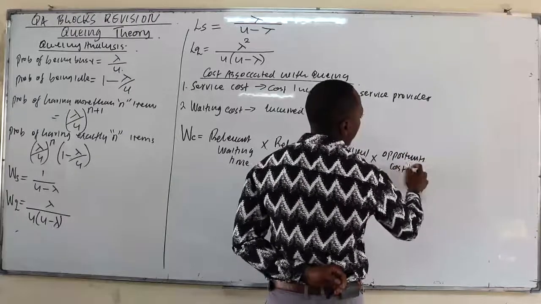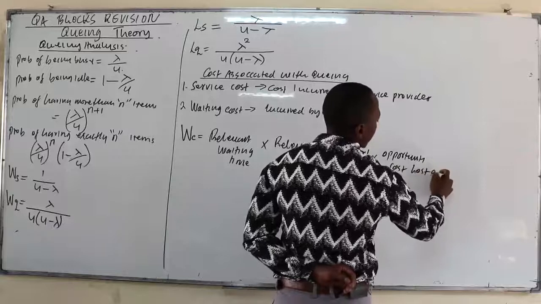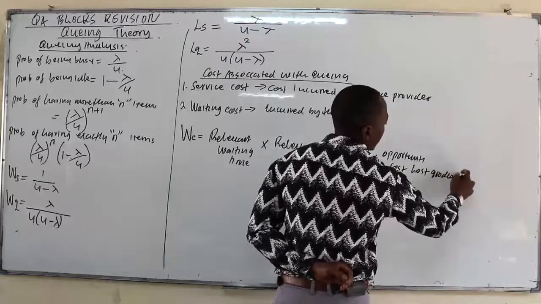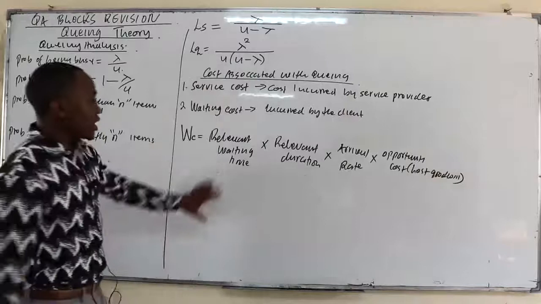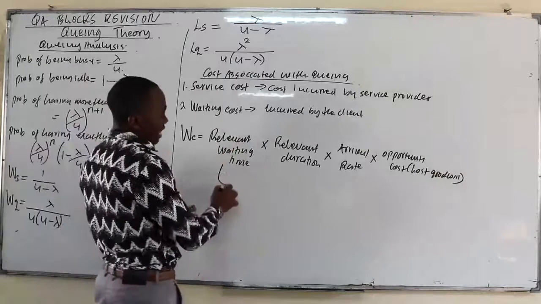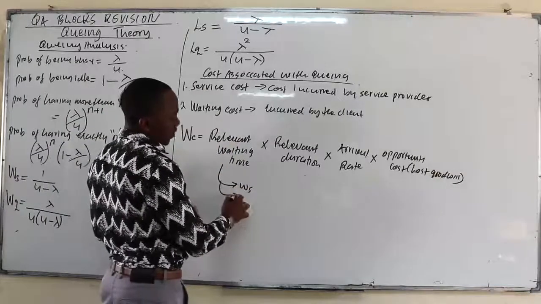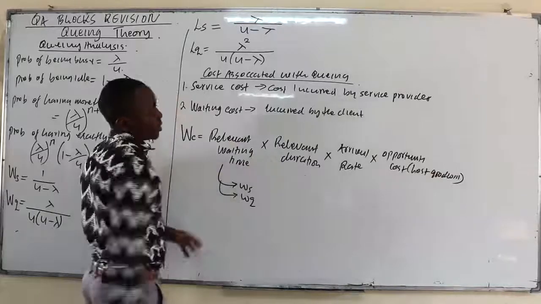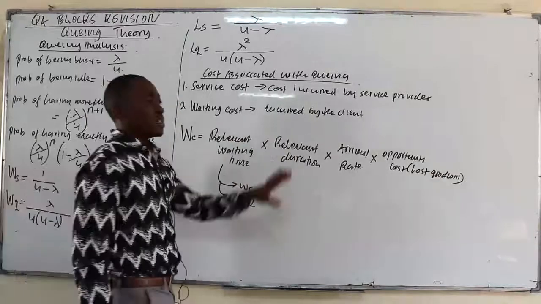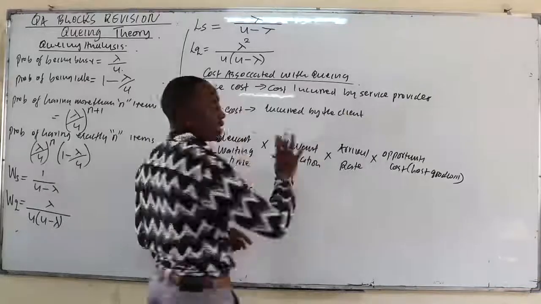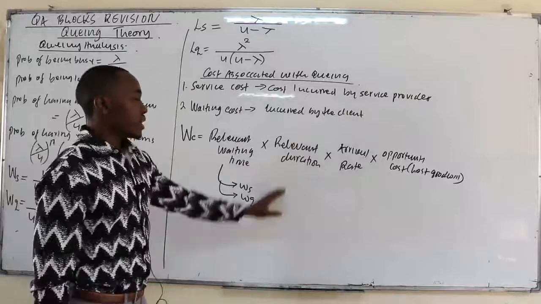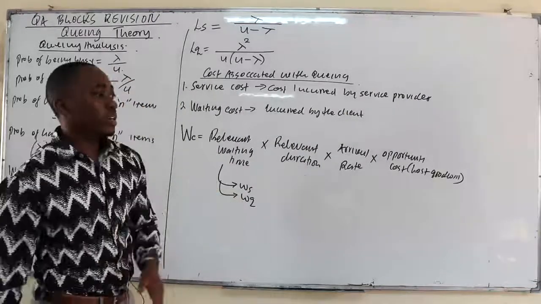Remember, the relevant waiting time can either be the waiting time in the system or in the queue. The relevant duration is the number of hours that the entity operates in a day. For example, if it operates between 8 to 5, that's 8 hours.